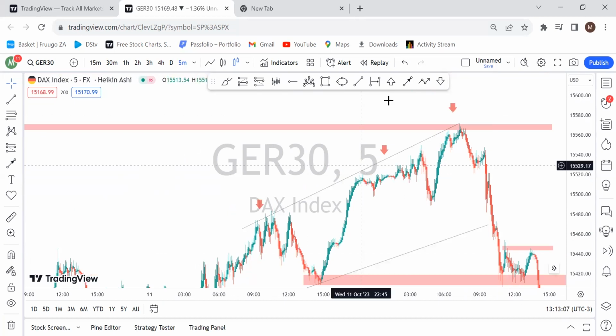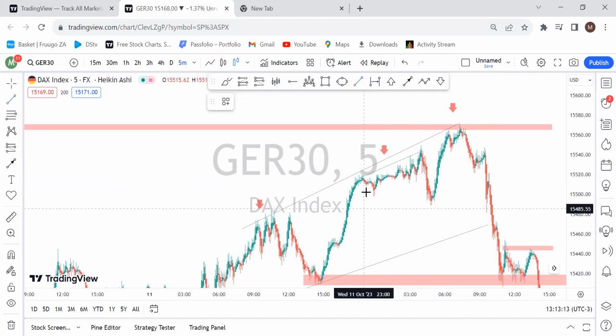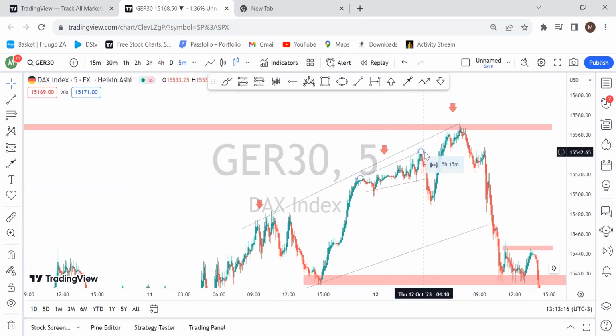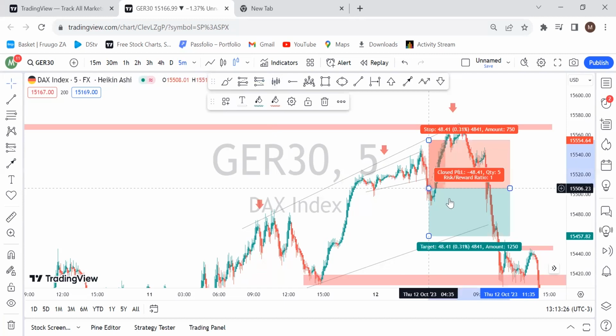Because you can see we also have this small correction right there. Say, okay, fine, this correction broke the support, and those kind of traders who wait for a breakout. Say you waited for your breakout and you sell right there. What happened? The price went back up.